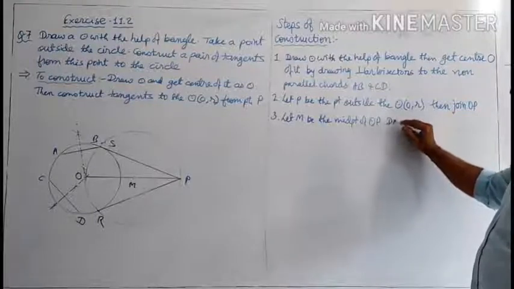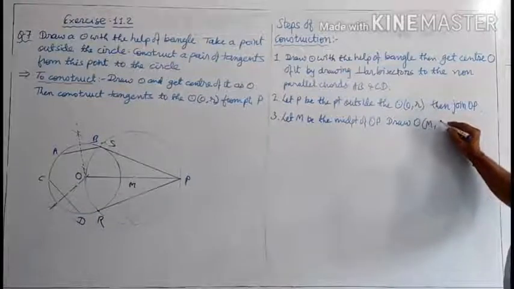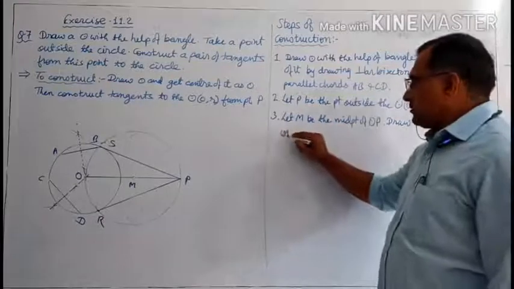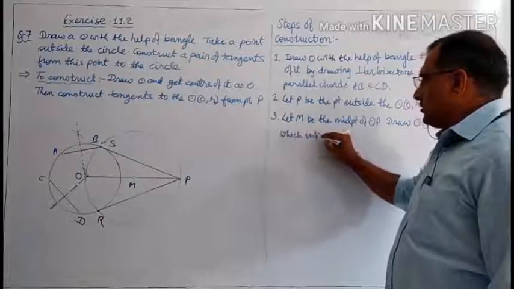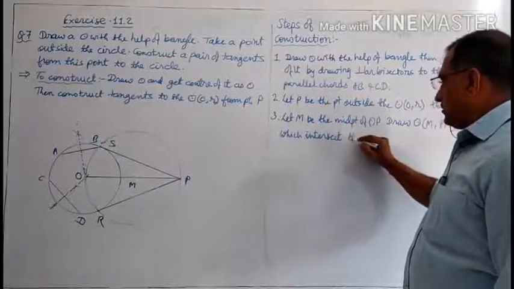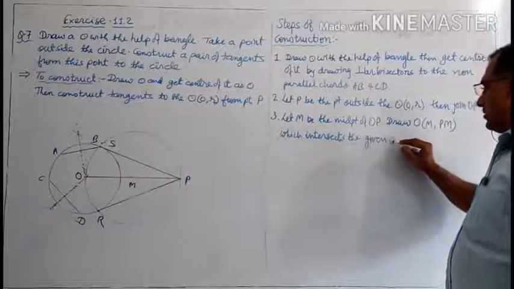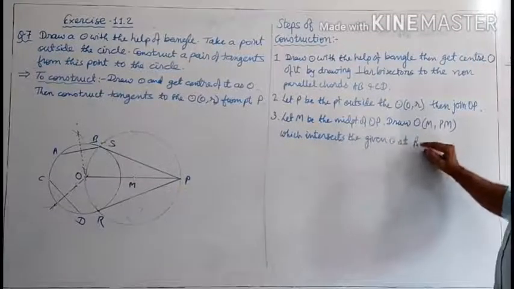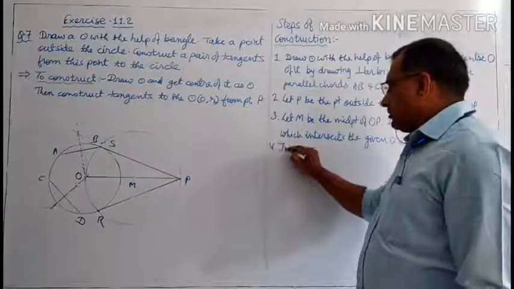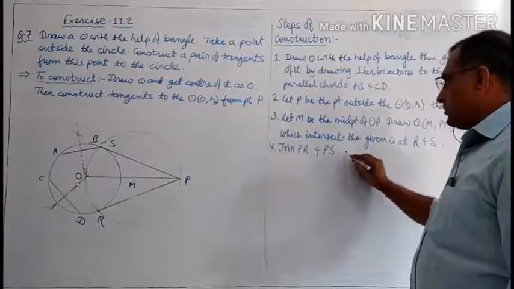After getting this midpoint, draw a circle with center M and radius PM, which intersects the given circle at R and S. Join PR and PS.